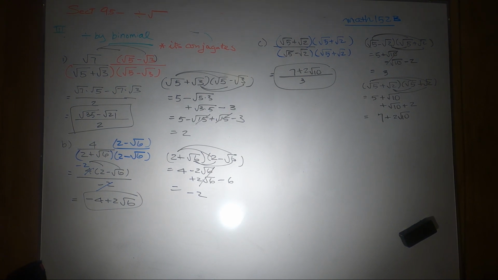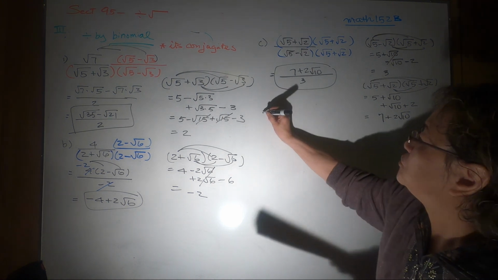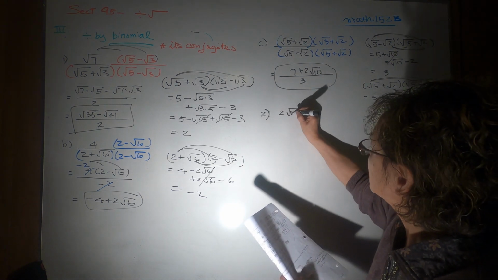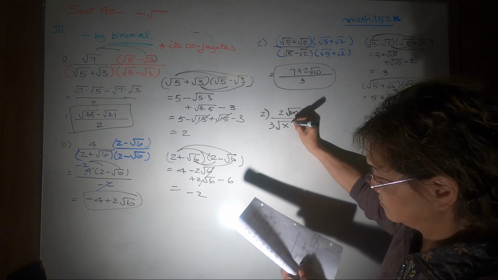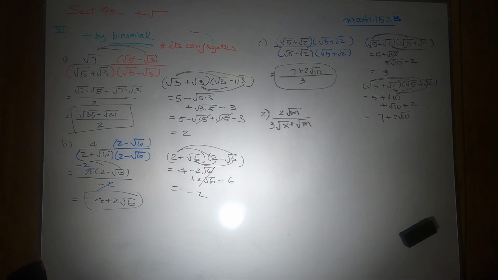Okay, so for numbers, and same thing for the variables, you would do the same thing if you have 2 square root of m over 3 square root of x plus square root of m, right? So you do the same thing for the denominator to eliminate the radical numbers. So what do we do?